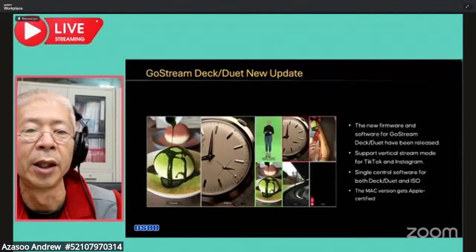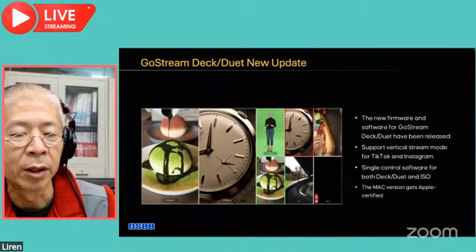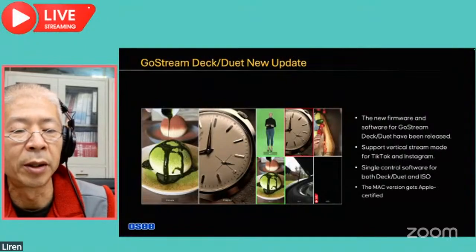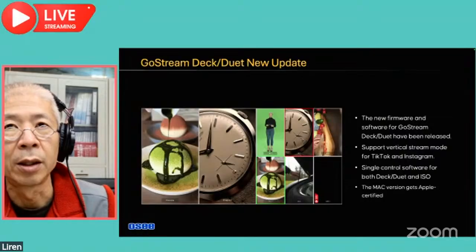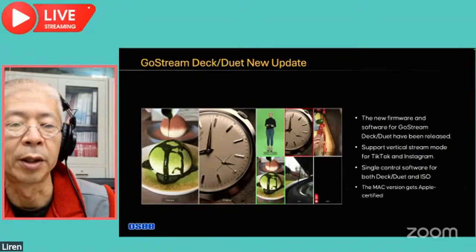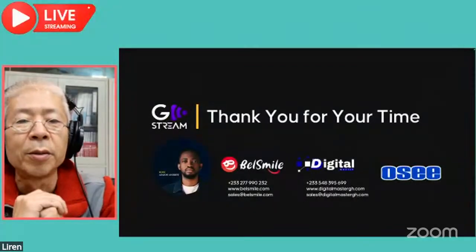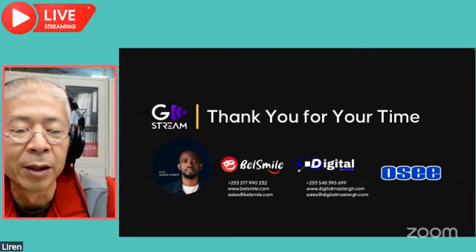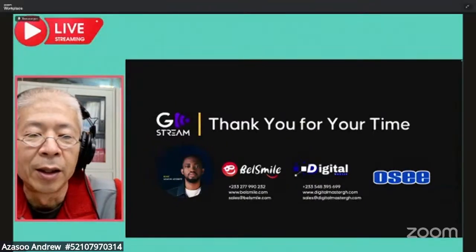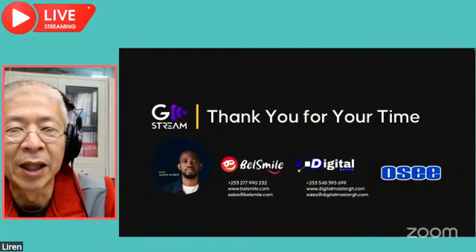And also for the new update, the Mac version software gets Apple certified, so it will make it much easier to install the software on a MacBook. So that's my whole introduction of our new product and the new updating of our older product.